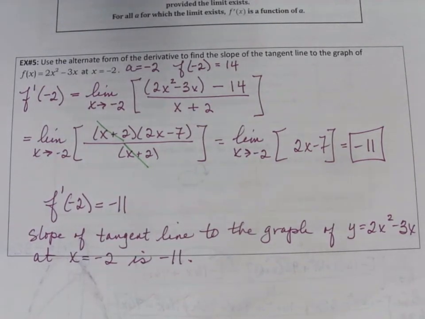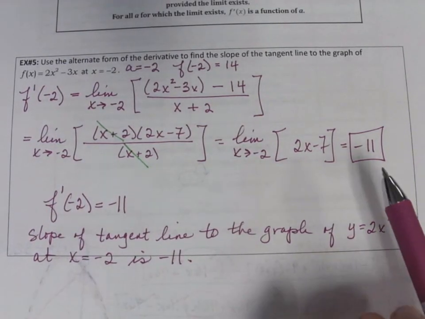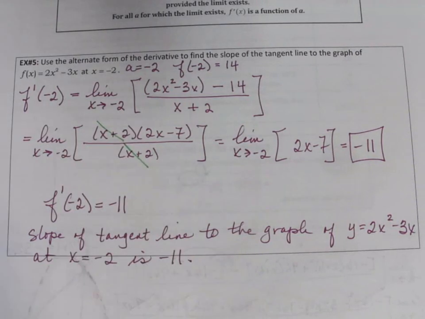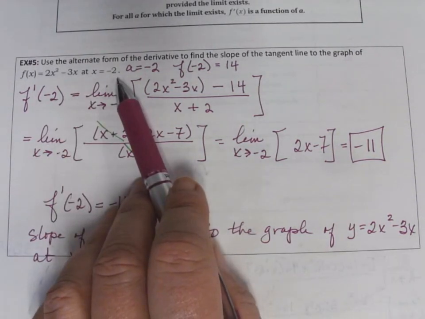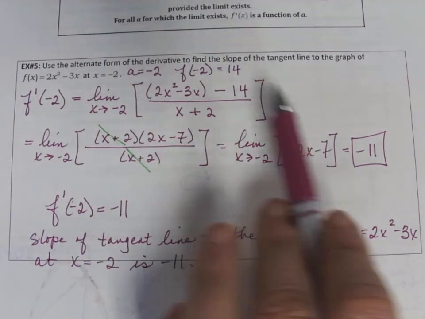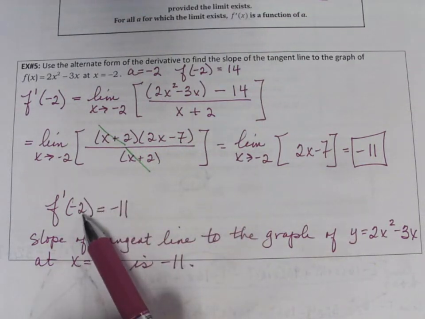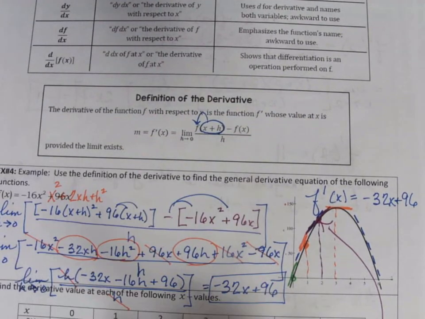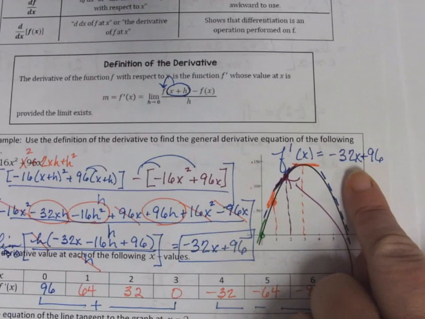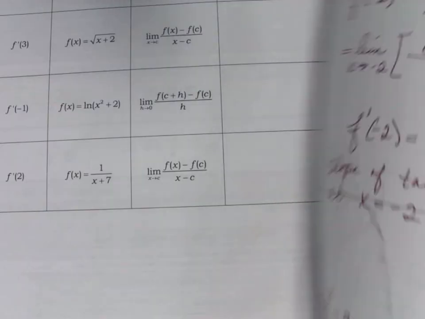Okay, so that's what we're telling you. So notice, if we wanted to now go find the slope, let's say at +3, we would have to do this whole process again, because this is only for -2. When we did this formula, we got a generic equation and we could find the slope at any point based on that generic equation. So it's just two ways of doing it.